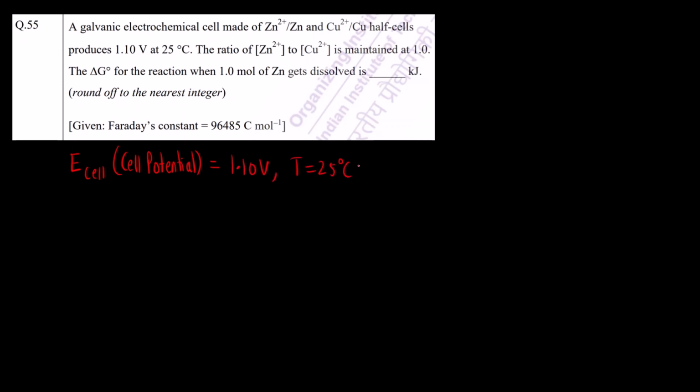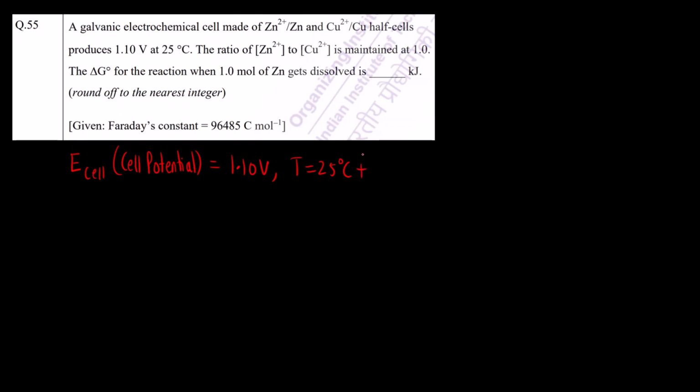Okay, so let us first write down the given data. What is given? It is the E cell, that is the cell potential, which is 1.10 volt. Temperature is given as 25 degrees Celsius.